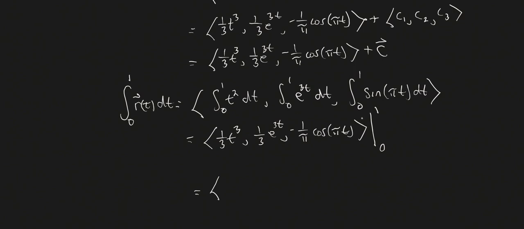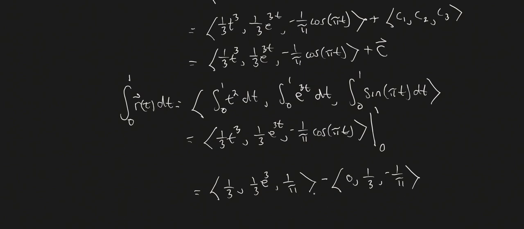So at the upper limit, we'll have the vector 1/3, then 1/3 e to the third, and then the cosine of pi is negative 1, so I end up with a positive 1 over pi. And then minus, at the lower limit, what do we have? Well, the first component is 0, the second component is 1/3, cosine of 0 is 1, so I end up having a negative 1 over pi there.